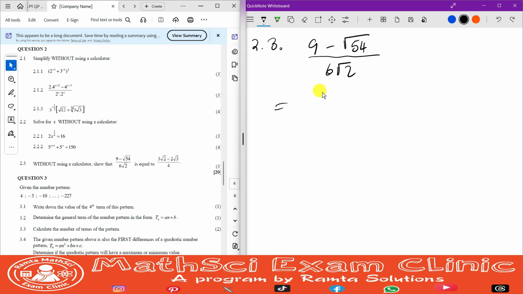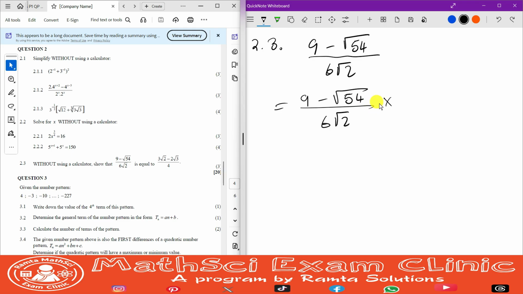What we can do here: say 9 minus square root of 54 all over 6 root 2. You can multiply by 6 root 2 over 6 root 2, or you can multiply by root 2 over root 2. Whichever you choose is okay.